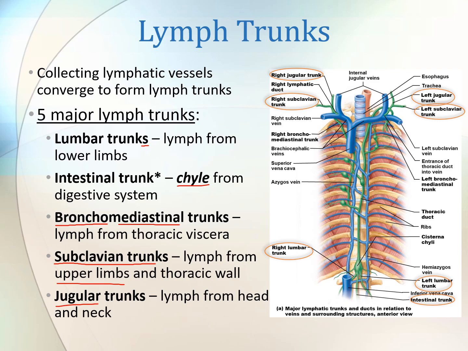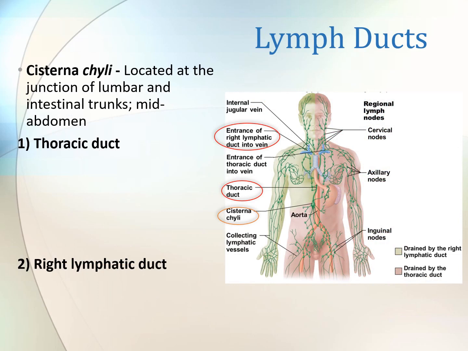And then we're going to merge into two ducts, okay? So we said all of those trunks are going to merge into one of these two ducts. So when we talk about the lumbar and intestinal trunks, they're going to merge together into this structure called the cisterna chyli.